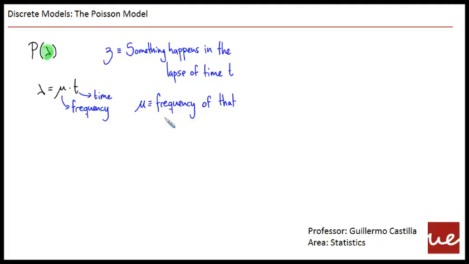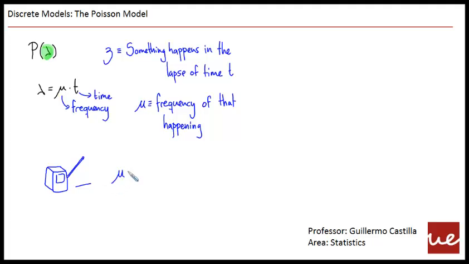Imagine it's, for example, people going in through a door. Well, we'd have, I don't know, 15 people per minute. Well, that would be a frequency. In this case, we're going to do a small example of a toll booth, a toll for cars in a highway or something, where you get charged for using that highway or that speedway.